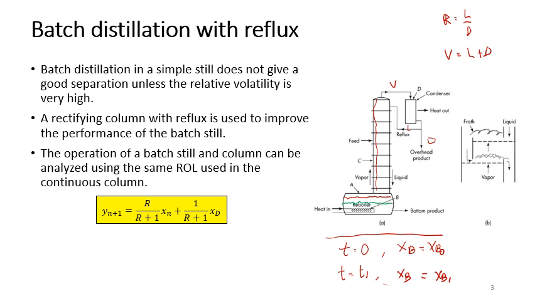So if initially you have L1, then at the end of the distillation process you have the amount of liquid becoming L2, with, of course, the bottom composition at that time, the final composition xB final. However, the operation of the batch still and column can still be analyzed using the same rectifying operating line used in the continuous column, because the material balance equation does not change.